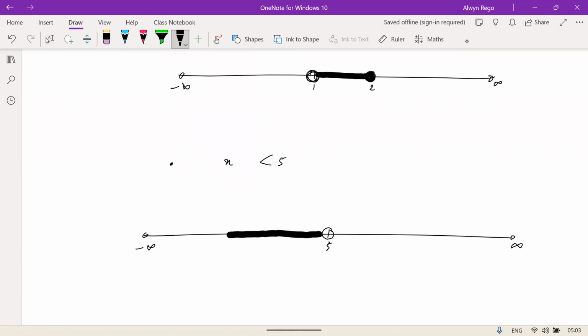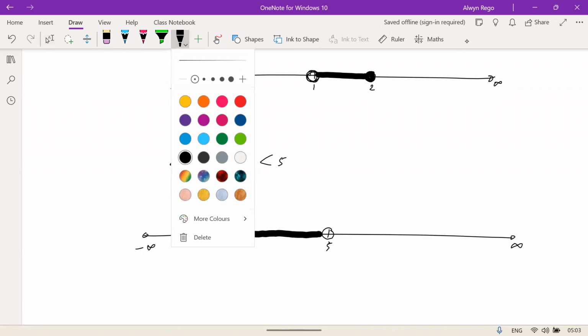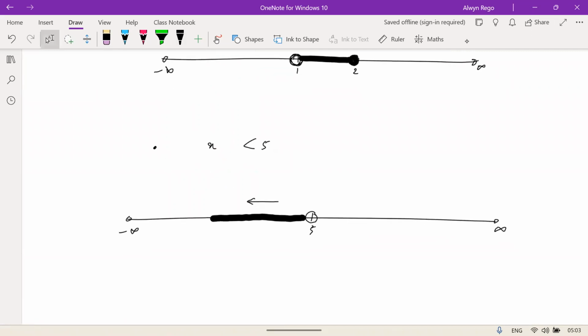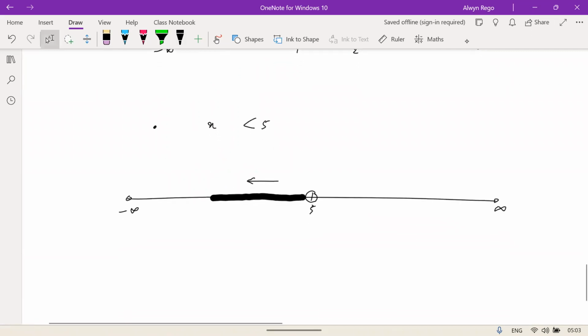It goes like this. I could just draw a little arrow here and say all the values to the left of 5. It goes on and on and on. We could also write this one as x belongs to negative infinity to 5. 5 is open.